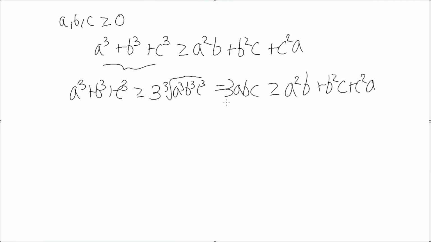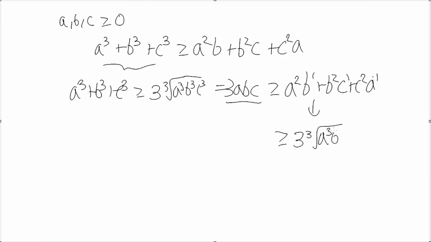But we can't really use AM-GM over here because we have like one term. And if we try using AM-GM over here, we get a²b + b²c + c²a is greater than or equal to 3 times the cube root of these two combined to 3, because 2 plus 1.